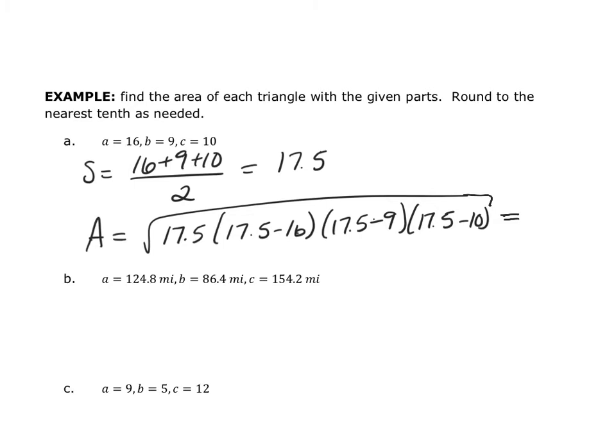Round to one decimal place. 40.9? My units squared. How was that? Fast and quick?